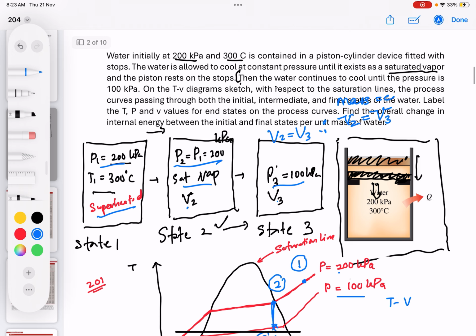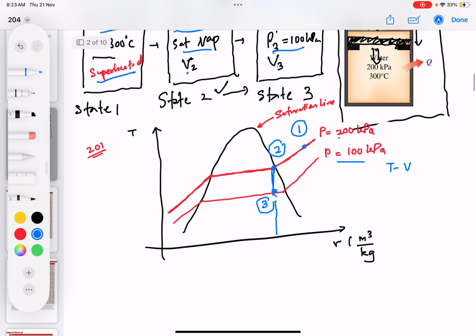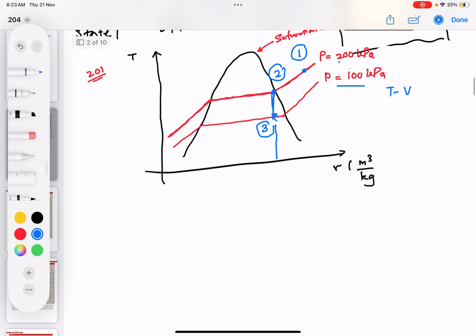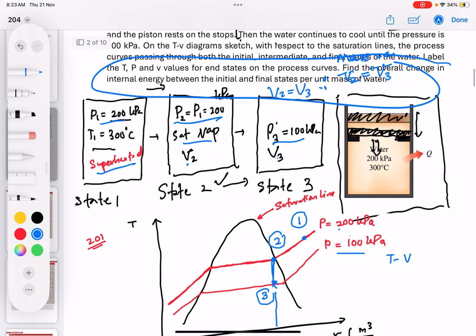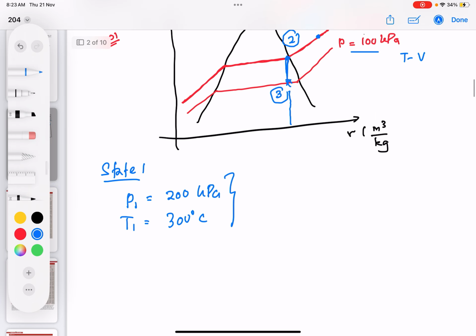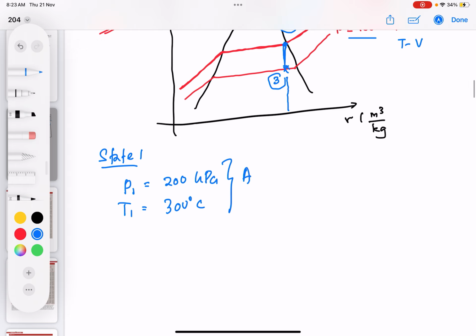Alright, the question is asking for the change of internal energy between the initial and final state. For the initial state, it should be straightforward, because for state 1, I have P equals 200 kilopascal, and T1 equals 300 degrees Celsius. Because I already concluded that it was in the superheated region, I have to use table A6.